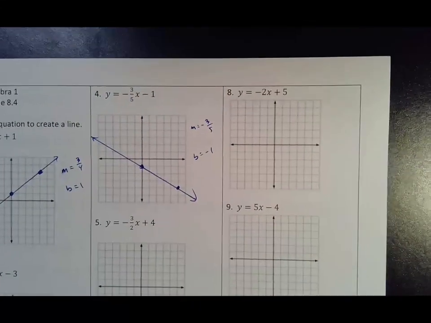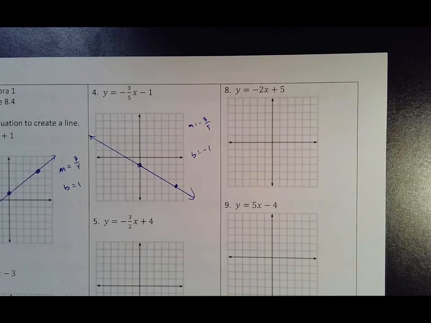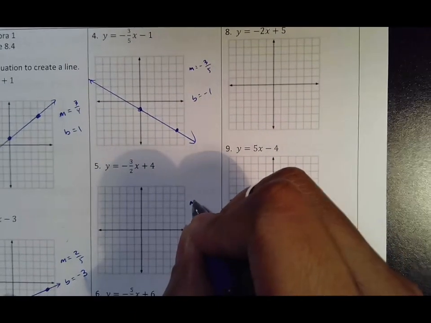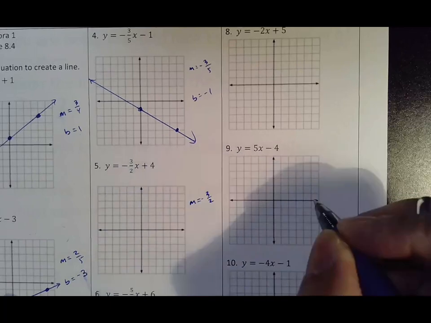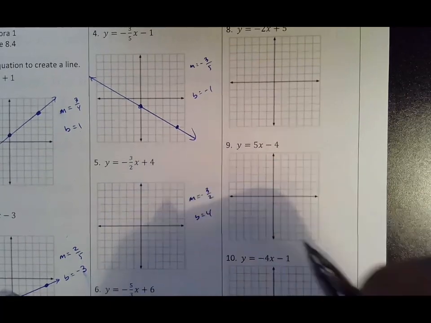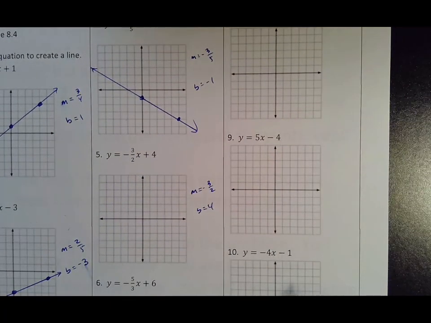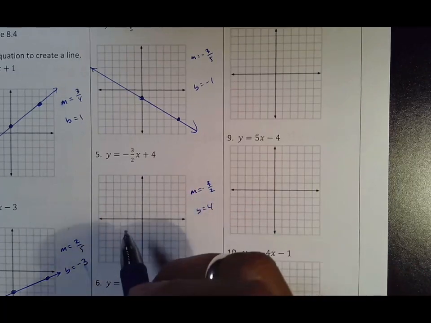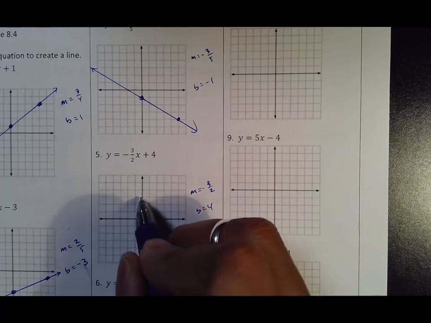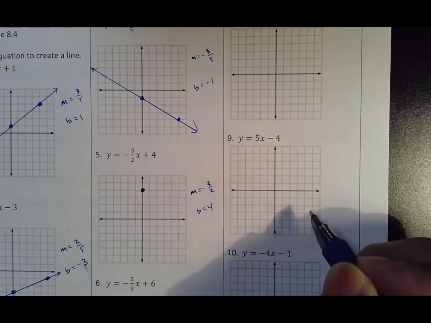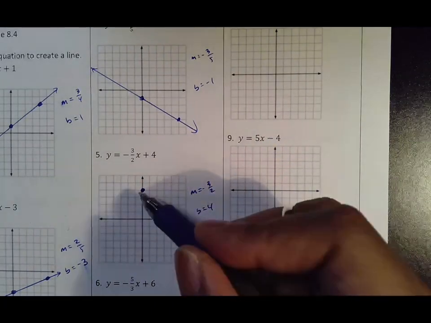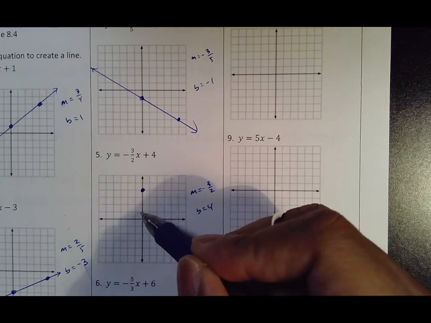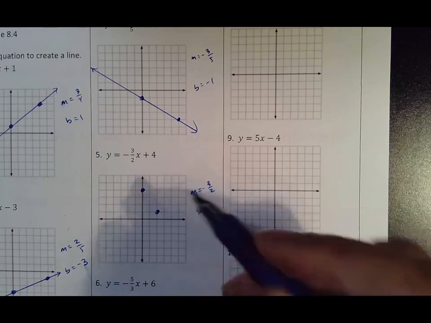And that's all. Number 5. m is -3/2. b is 4. With that being the case, we have this problem again. b is 4, so that means you're going to use your y-intercept of 1, 2, 3, 4. Negative 3 halves means you're going to go down 3, 1, 2, 3 over 2. And then go from there.